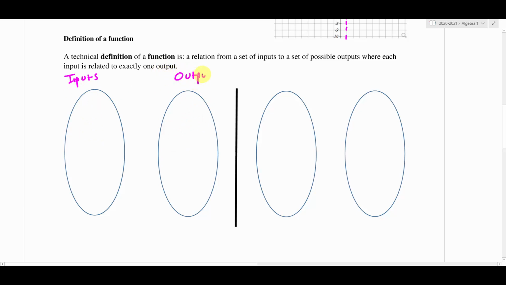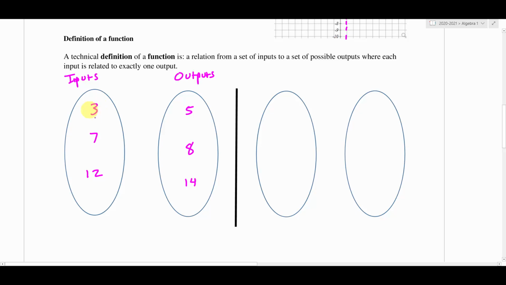Let's say 3, 7, and 12 are the inputs. Pretend there's a function, and the only inputs that this function has are 3, 7, and 12. And over here we have some outputs. Let's say 5, 8, and 14.